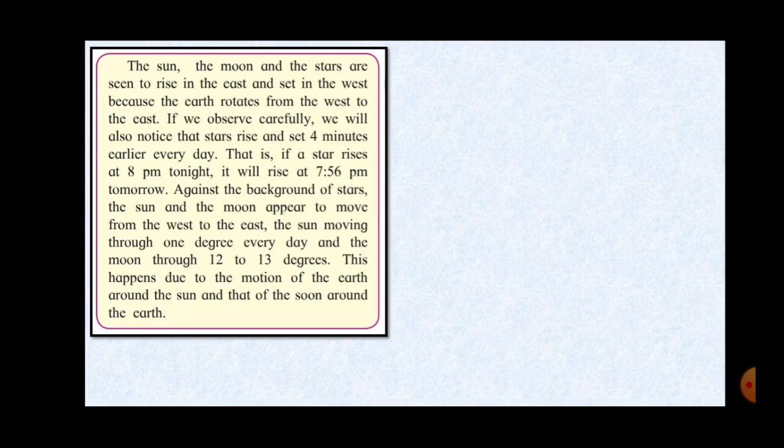That is, they move fast by 4 minutes every day. So the example is given, if a star rises at 8 p.m. tonight, it will rise 4 minutes earlier, that is, it will rise at 7:56 tomorrow. Right? So this happens due to the motion of the earth around the sun and that of the sun around the earth.